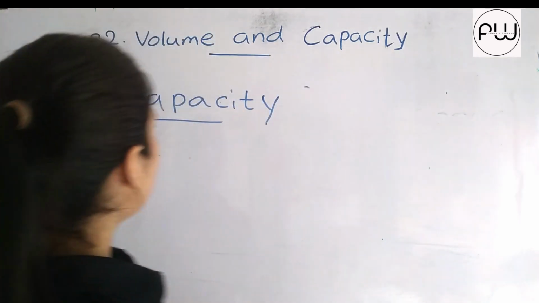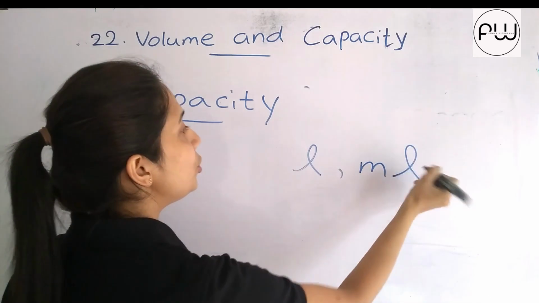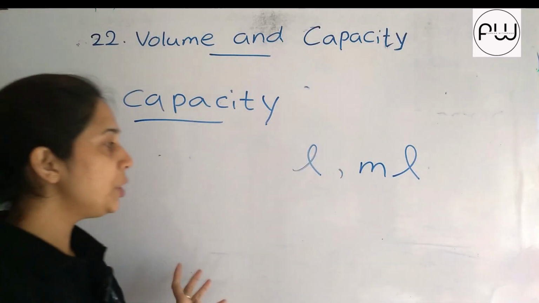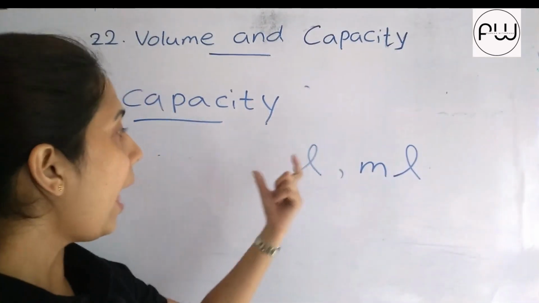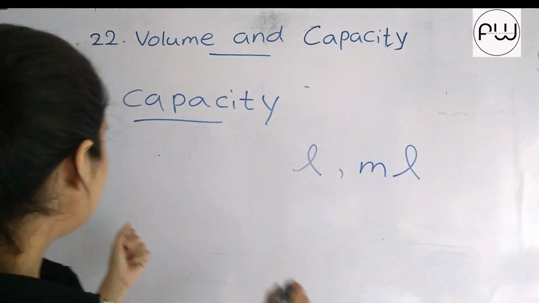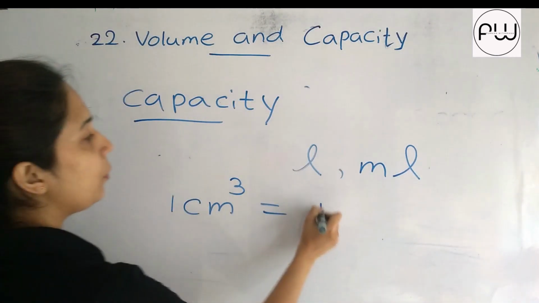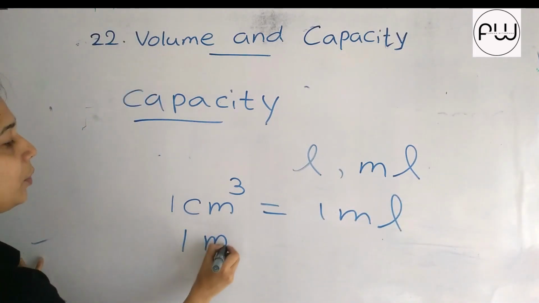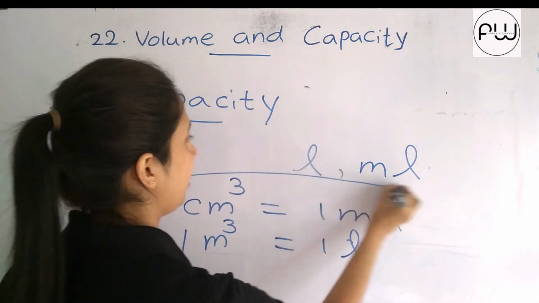Okay, and we know we use liters and milliliters to measure liquid. Then there is a relationship between cubic centimeters and milliliters, and cubic meters and liters as well. Now let's learn that one. 1 cubic centimeter equals 1 milliliter and the other one is 1 cubic meter equals 1 liter, right?